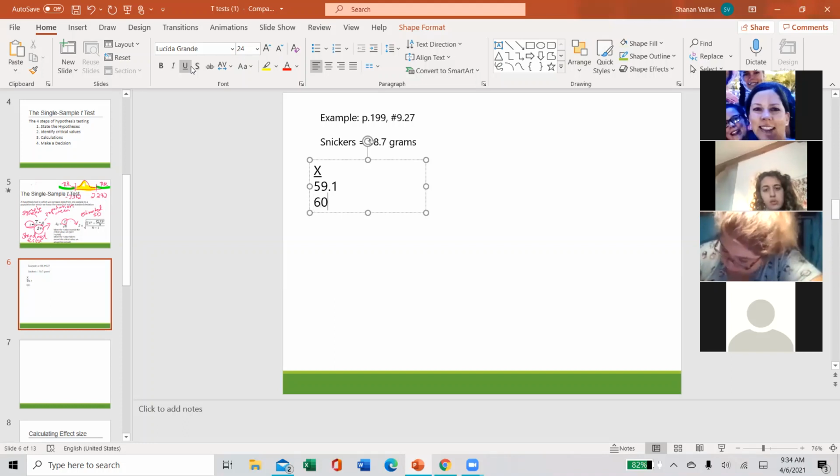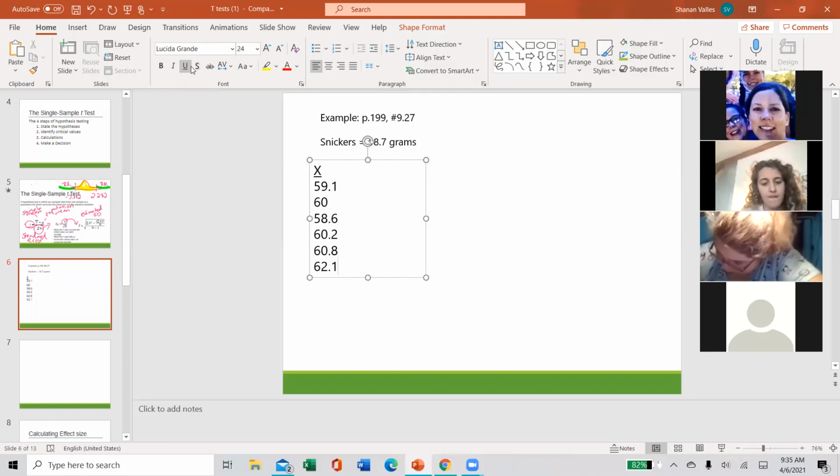The second one weighed 60 grams. The third one weighed 58.6. That one weighed 60.2. This one weighed 60.8. And then you're really getting a lot for your money with that last one. It weighed 62.1 grams. Okay.